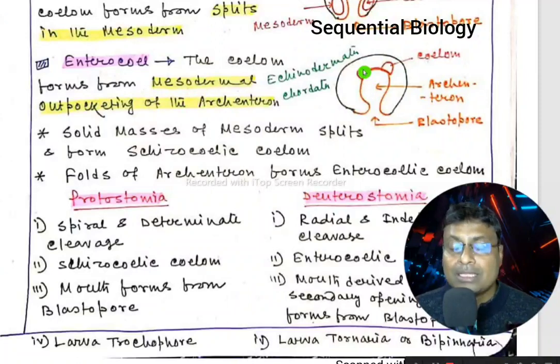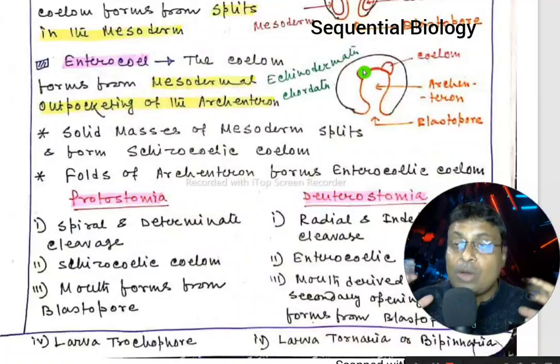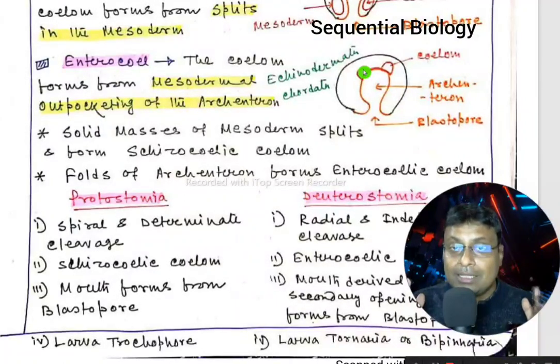When the coelom or body cavity develops due to outpocketing of the archenteron, this type of coelom is known as enterocoelic coelom. Entero is always related with the gut. Remember it. Enteron means gut, or anything related with the gut. So in enterocoelic coelom, the coelom develops from outpocketing of the gut wall.